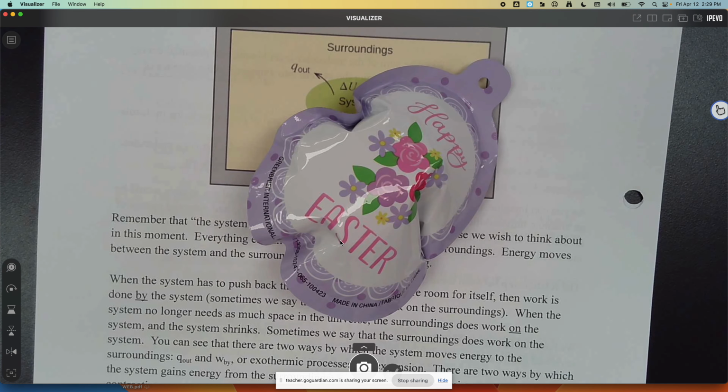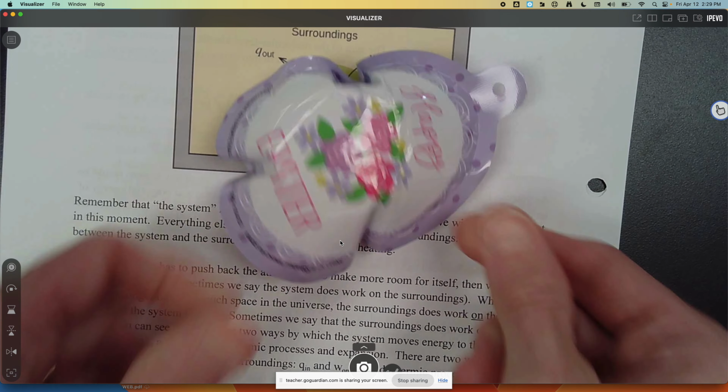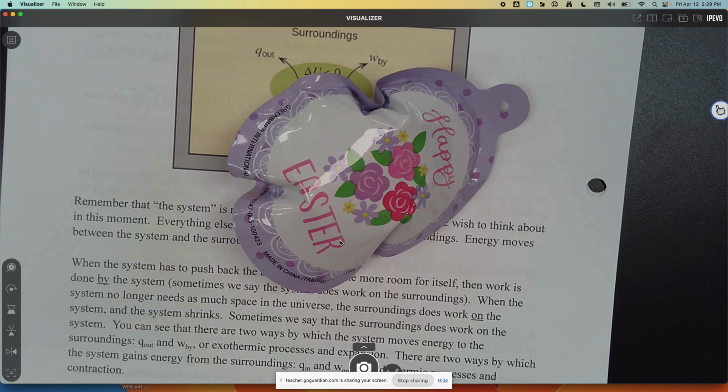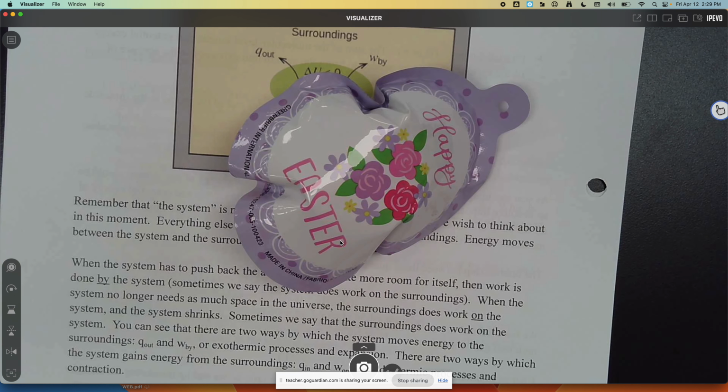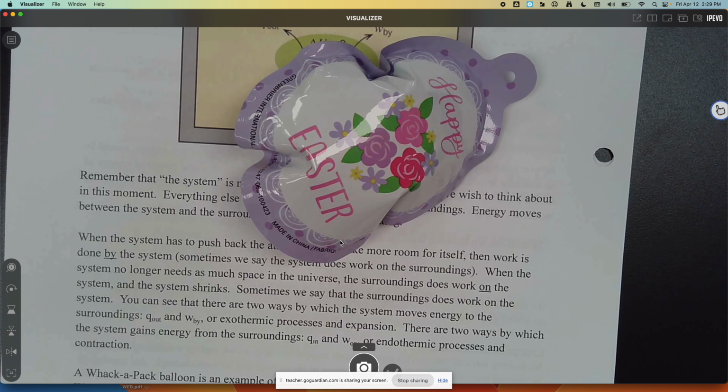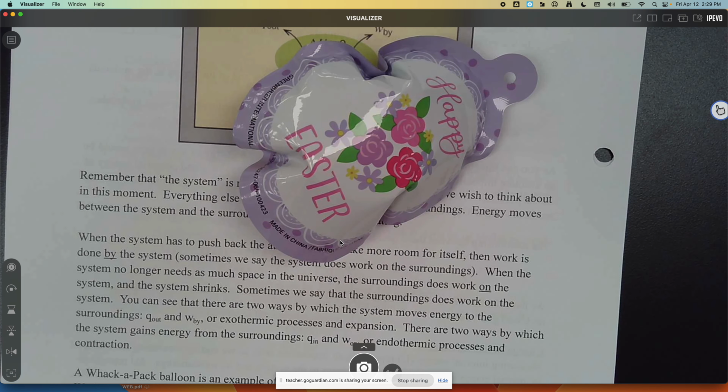Working is the process of pushing the atmosphere back and out of the way. And if you just think about pushing as something that involves some amount of working, you've really got the idea of working. Okay, so the balloon expanded, it had to push back the atmosphere and make room.